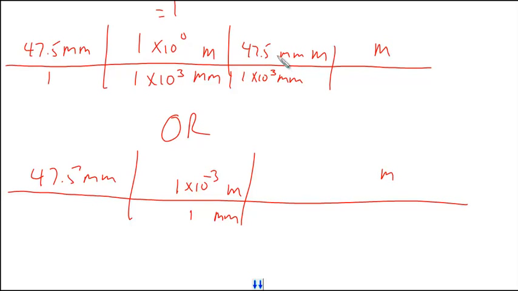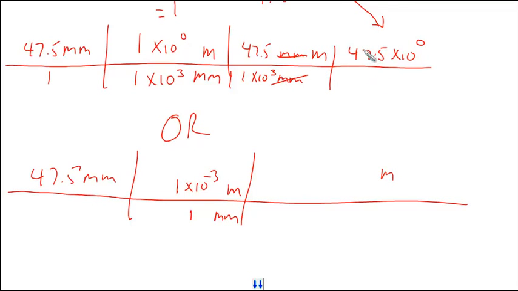Obviously, the millimeters cancel. So we have 47.5 equals 47.5 times 10 to the 0. We're going to divide by the 1 times 10 to the 3.